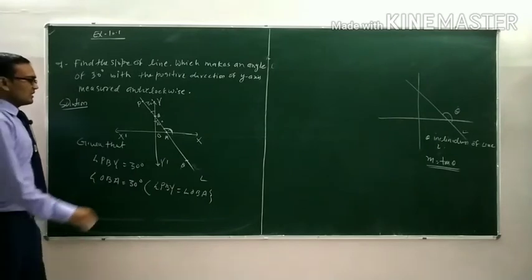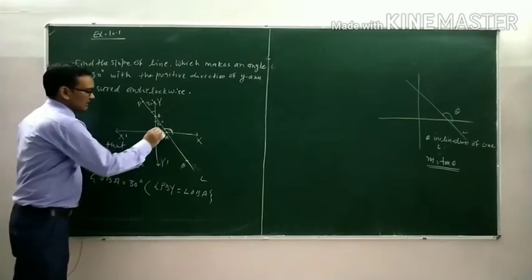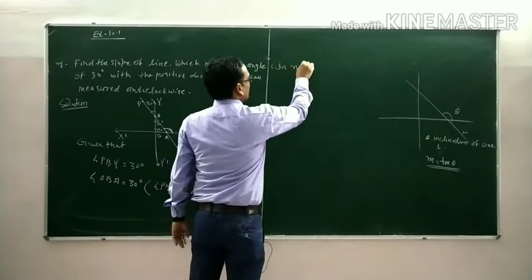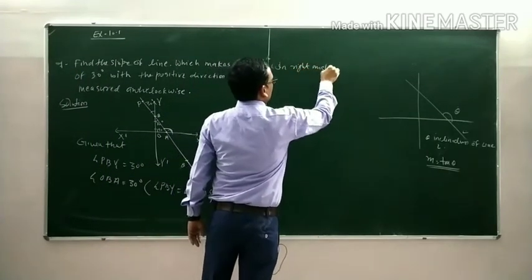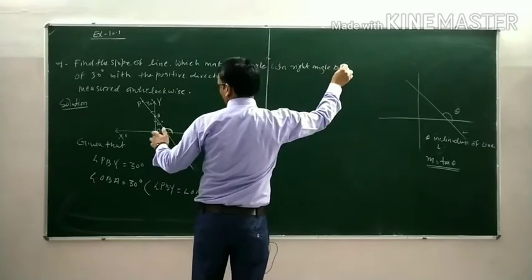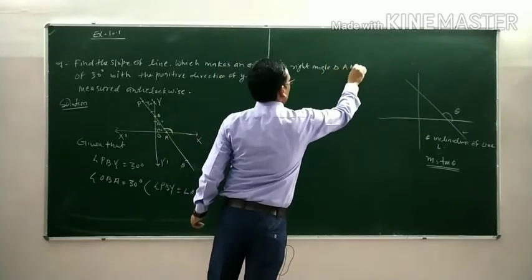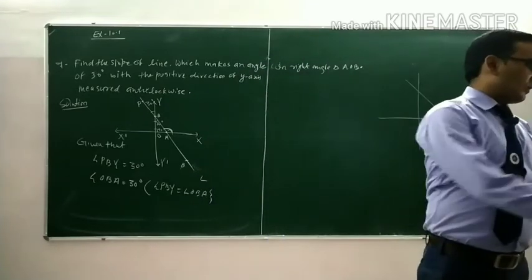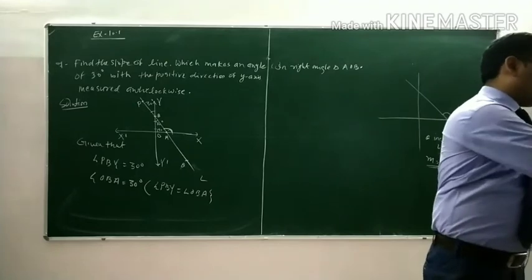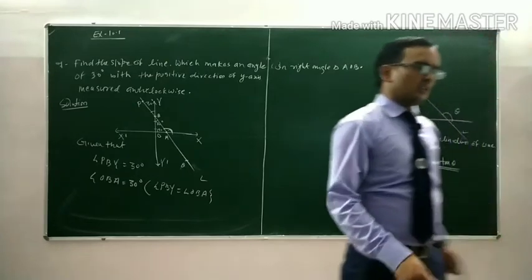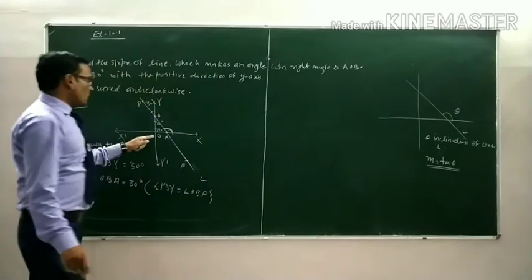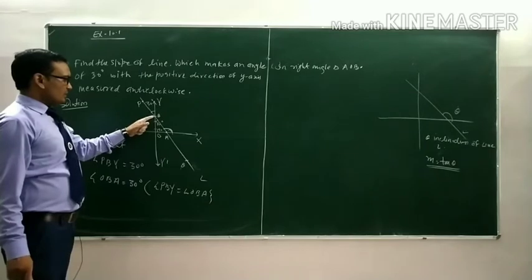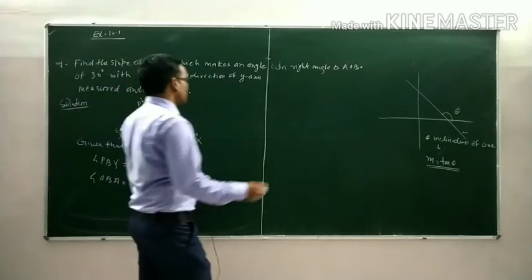Okay students, here this angle is 90 degree in right angle triangle AOB. In right angle triangle AOB, angle OBA equal to 30 degree and angle BOA equal to 90 degree.